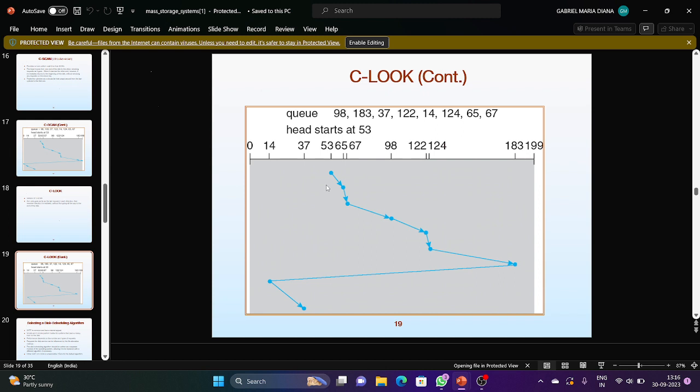It is the same as the C-LOOK algorithm, but while it reverses from 183, it serves first 37, then 14, instead of jumping to the lowest number 14 first. So the limitation of C-LOOK is improved in the LOOK algorithm.